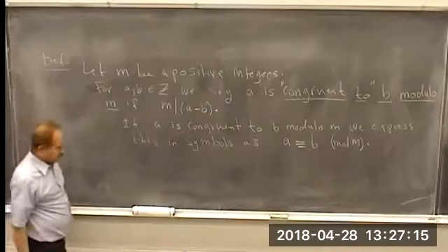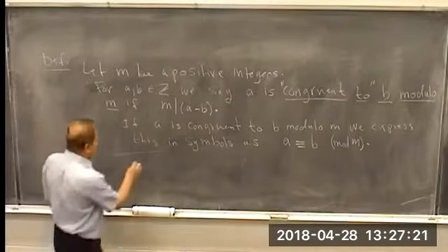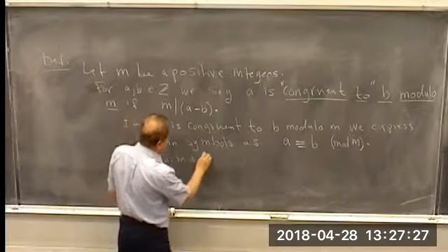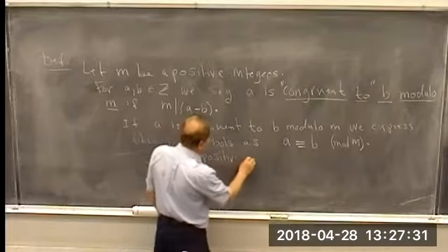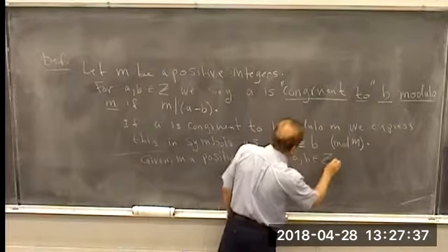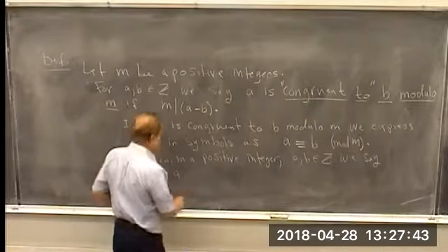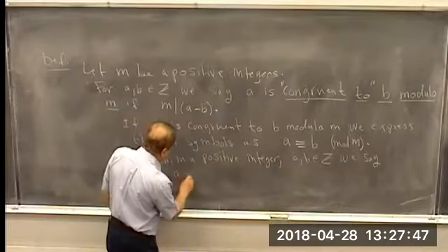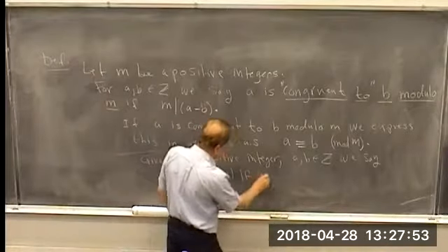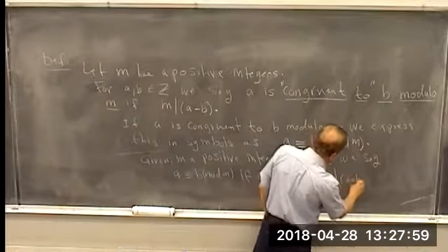So we can shorten this definition by saying that given M a positive integer and A, B in Z, we say, or we define, A congruent to B mod M if and only if M divides A minus B.